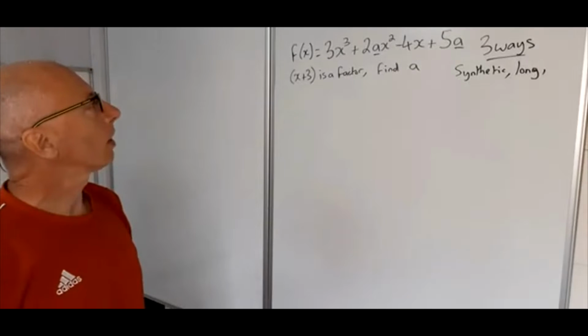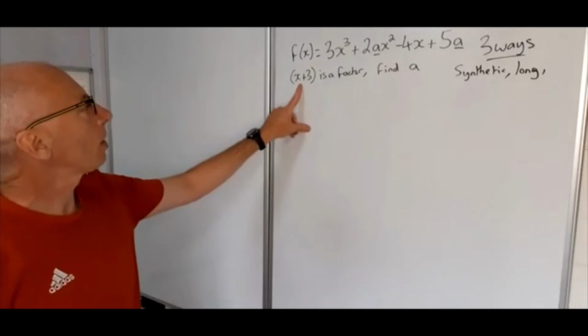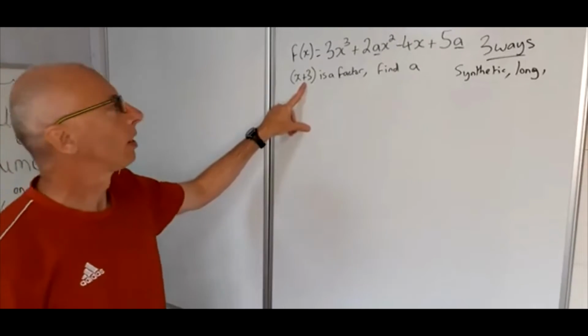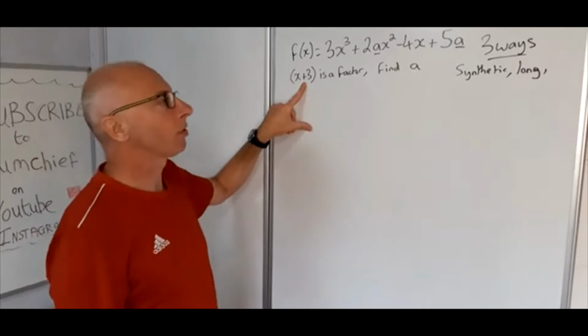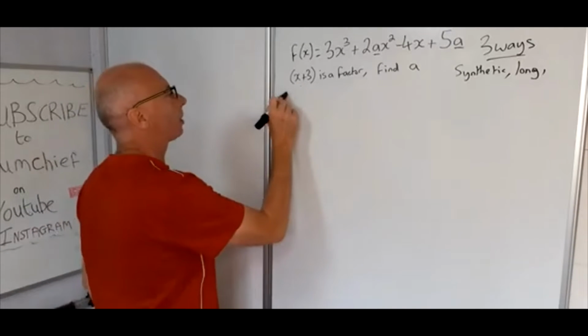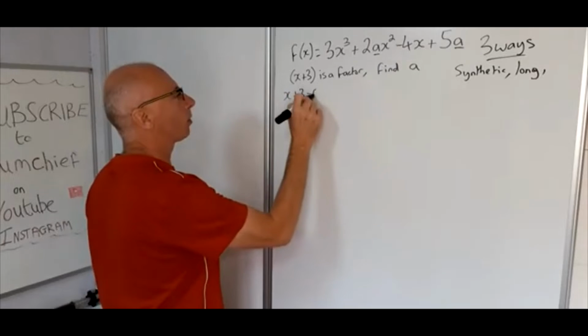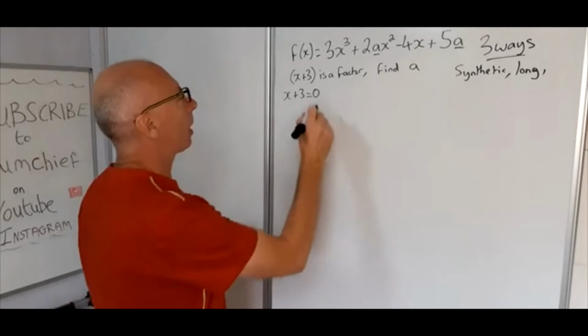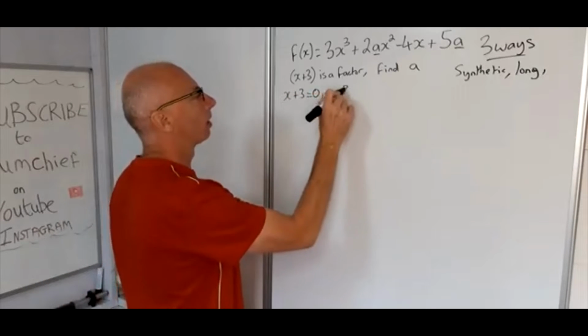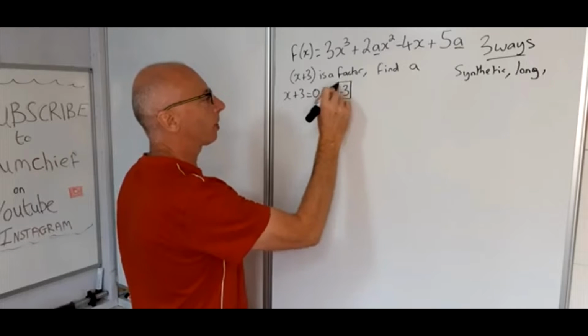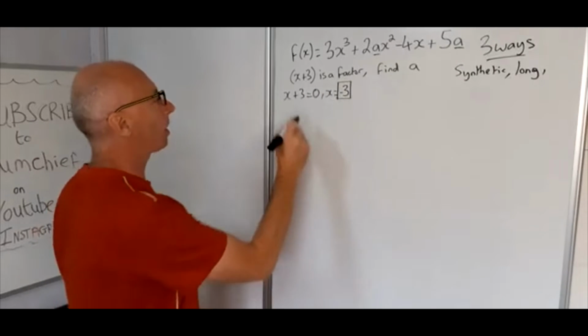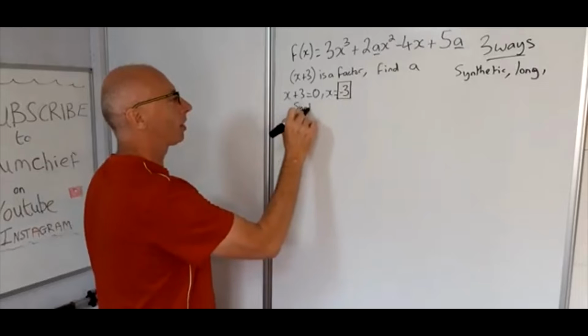So for synthetic long division, we know this x plus 3 is a factor. So basically what it is, we want to get this x plus 3 to equal 0. So if x plus 3 equals 0, then x equals minus 3. So it's this minus 3 which we're interested in for synthetic.